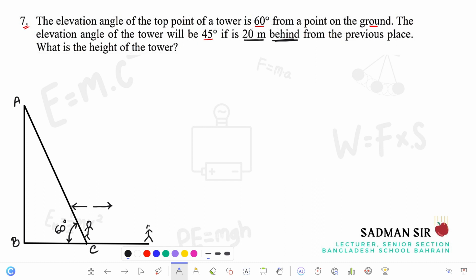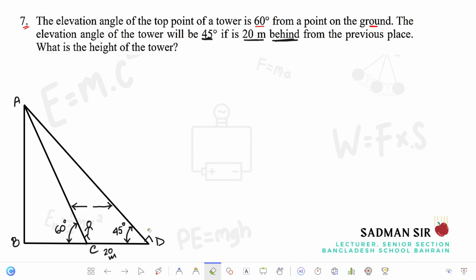If we name this new point D, then CD is 20 meter, and at point D an angle with the same top of the tower is formed, the angle of elevation, which is 45 degree. So you can see this is the diagram.